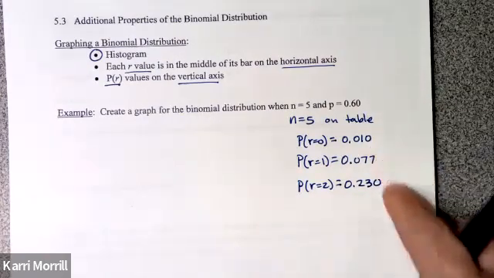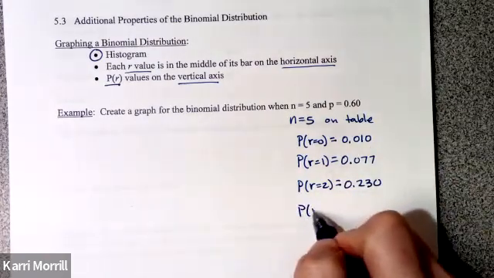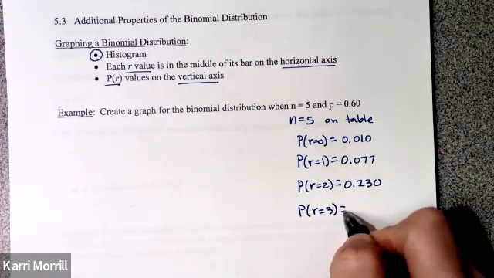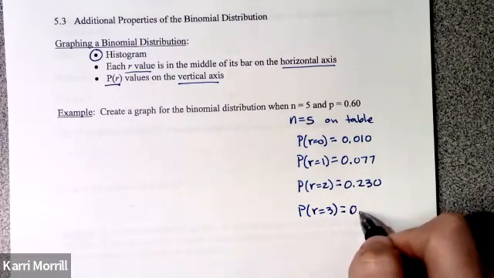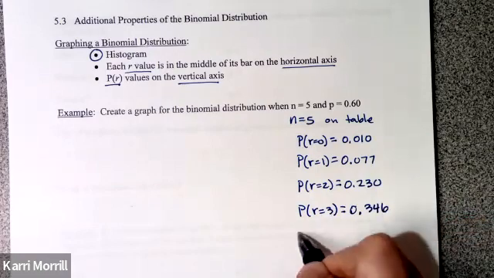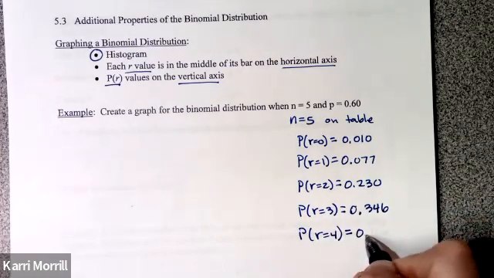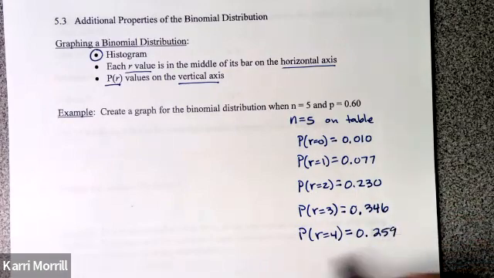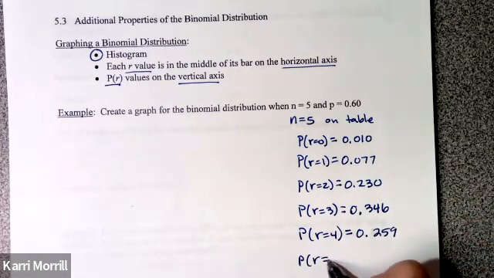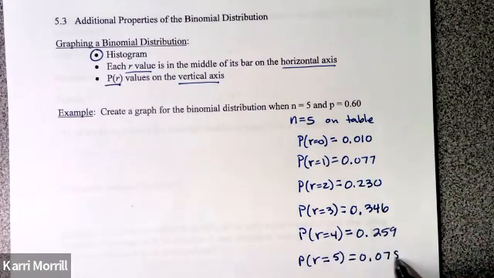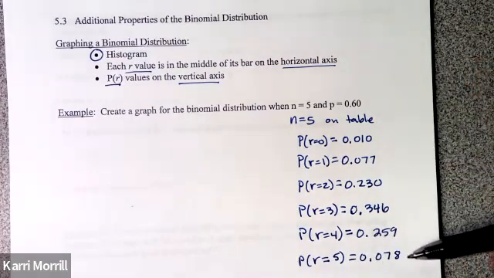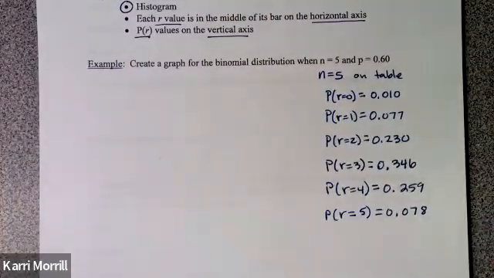Remember, these came from the table. Okay, so all these values are from the table. We kind of need them so that we know how to set up our graph.